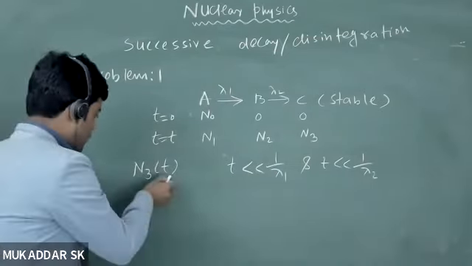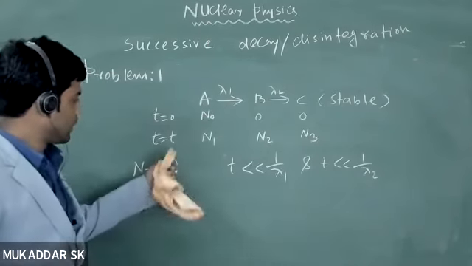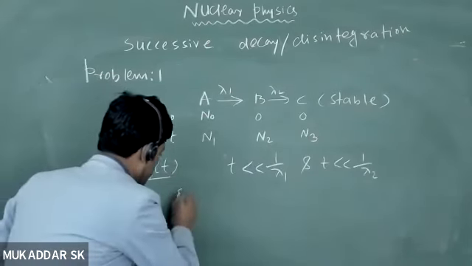So this is the population of C nuclei at time t, and you know that expression.